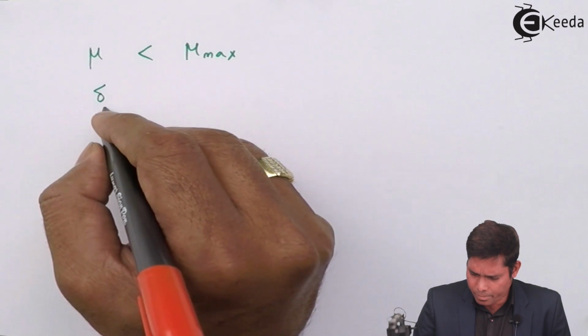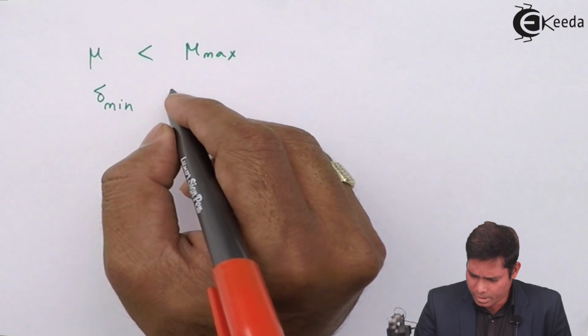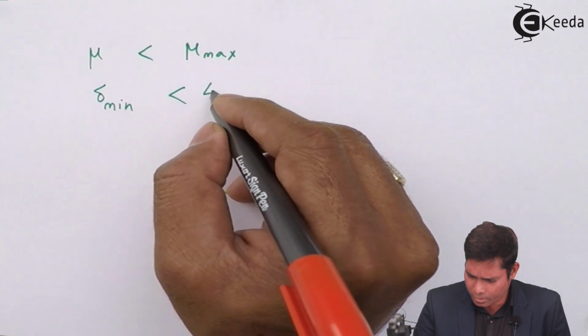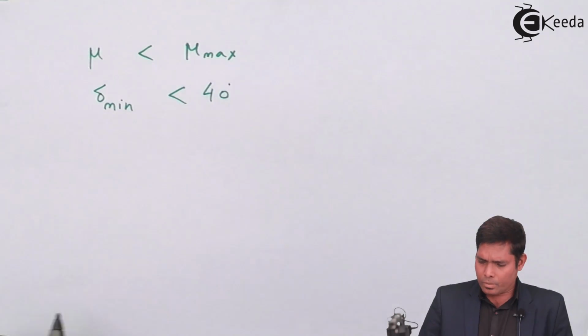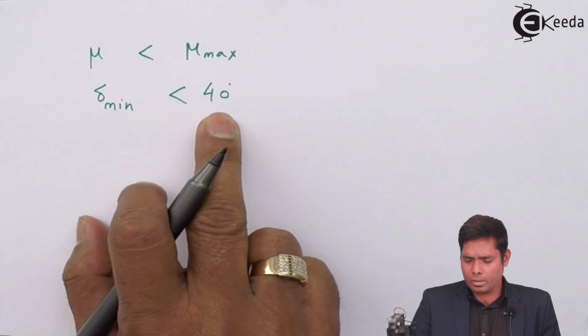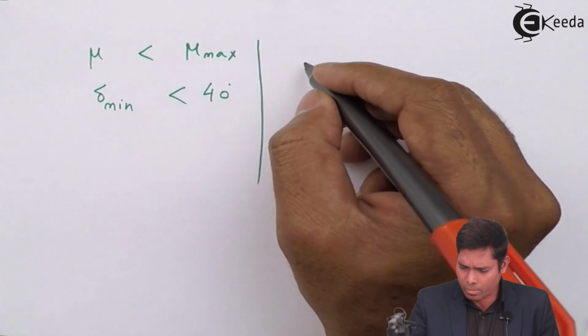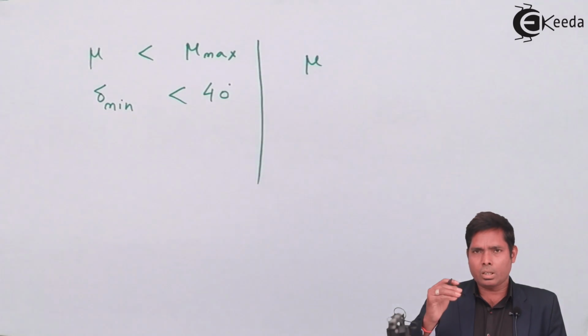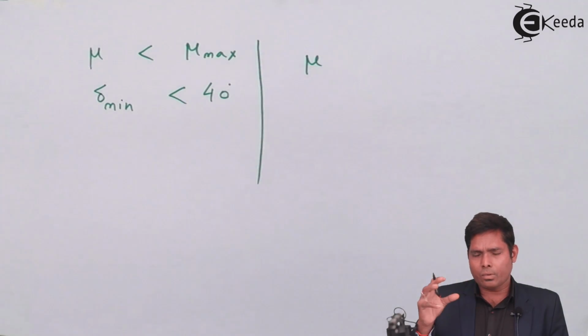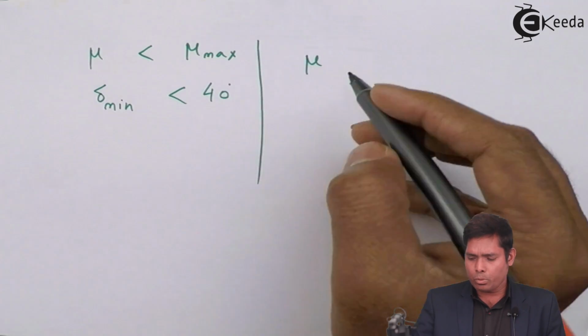So mu has to be less than mu maximum, since delta minimum is less than 40 degrees. So this has to be less than 40. So from here I can write that mu will be less.